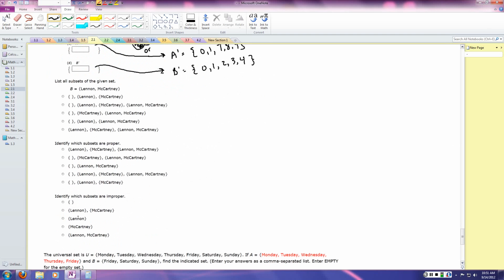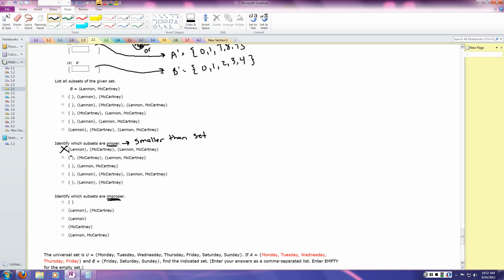So this is the example in which I talked about proper subsets and improper subsets. A proper subset is always going to be smaller than the set. So the empty set is always going to be a proper subset. So you have to have the empty set in there. So automatically this one's not going to work because it doesn't include the empty set.